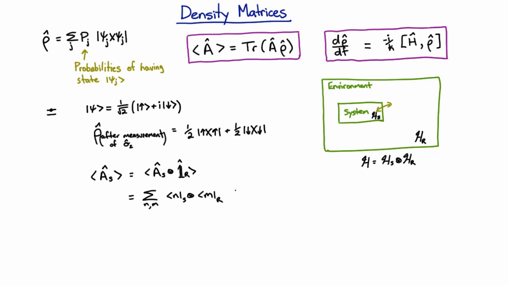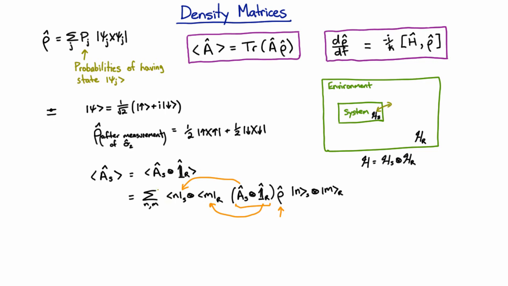So now we put in our operator. This operator here, the density matrix, is an operator on the combined Hilbert space, on the system and the reservoir together. Whereas these operators here only act on their individual Hilbert spaces. So we can pass these backwards, and this system operator will go straight through here and act on this part of the system, and this reservoir operator will act only on the reservoir things.